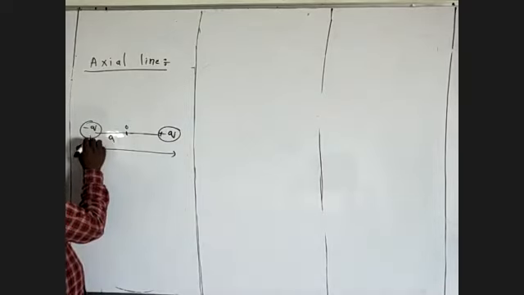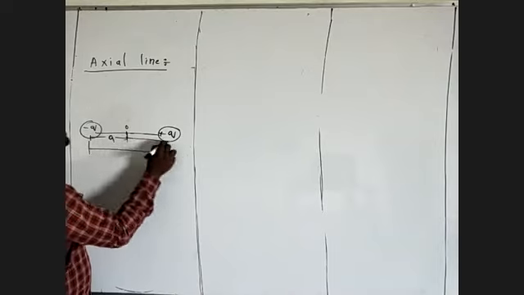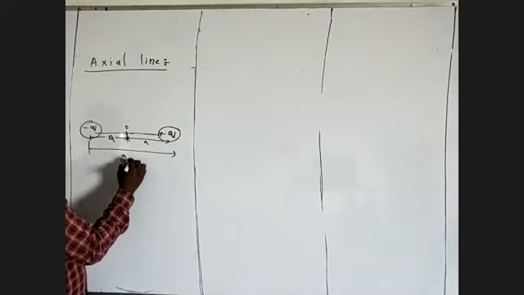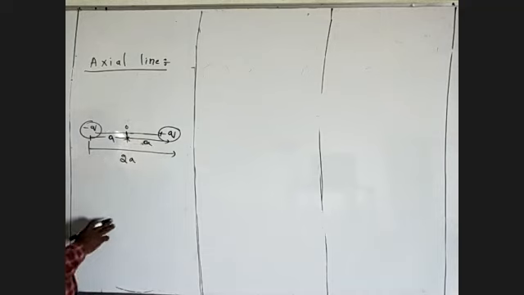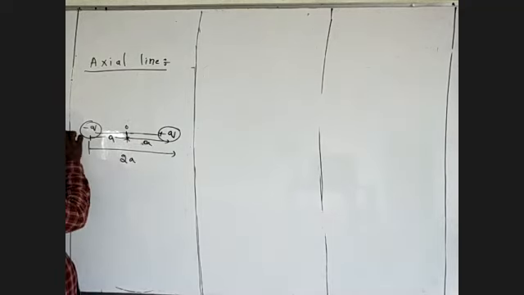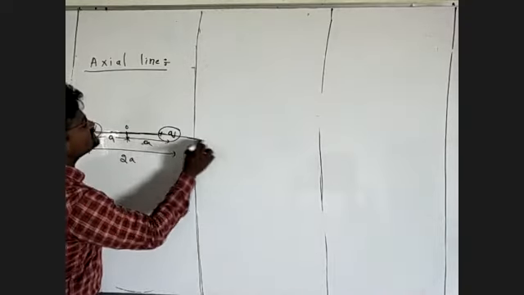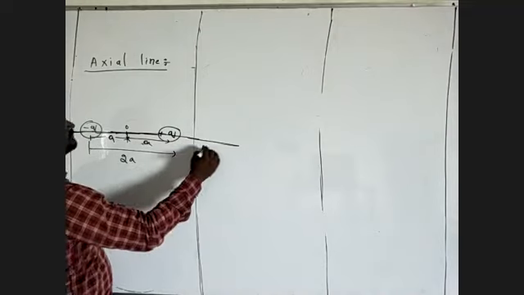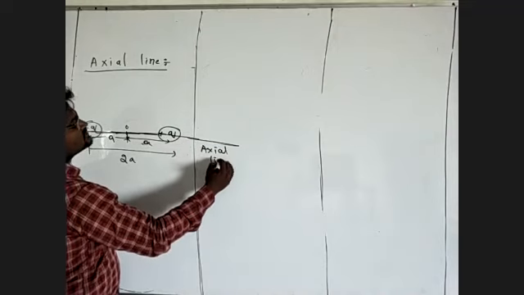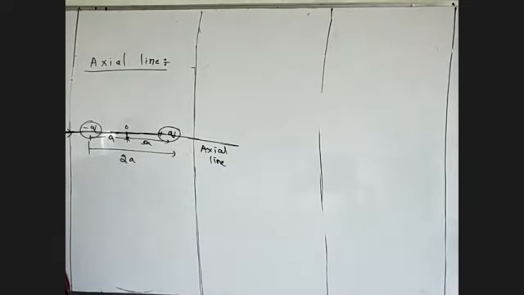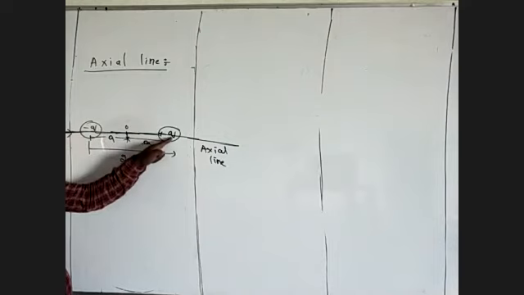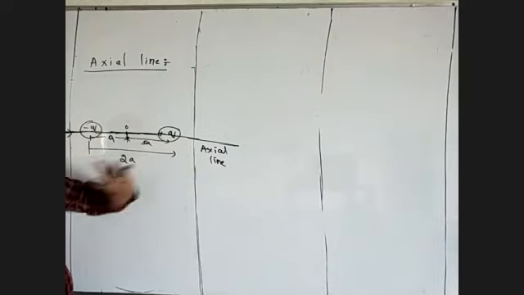From here to here is a, and from here to here is a, so the distance between the two charges is 2a. Now, one straight line passes through the negative charge, the origin, and the positive charge. This line we call the axial line.